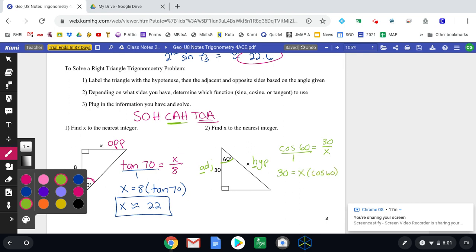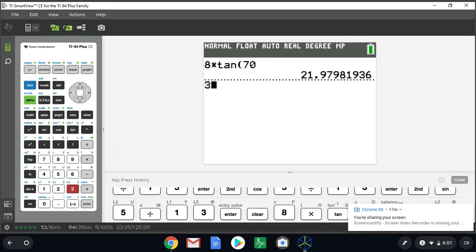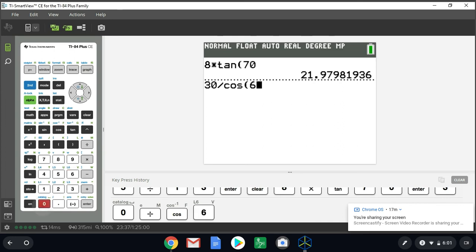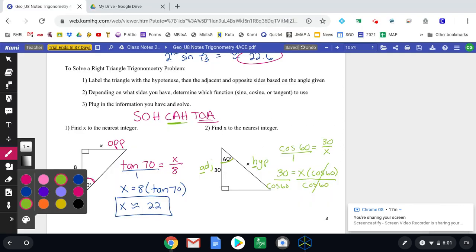Well, that doesn't help me get rid of that. So let's divide both sides by the cosine of 60. Cross that out. Now I have 30 divided by the cosine of 60. Oh, I get 60. So my x equals 60.